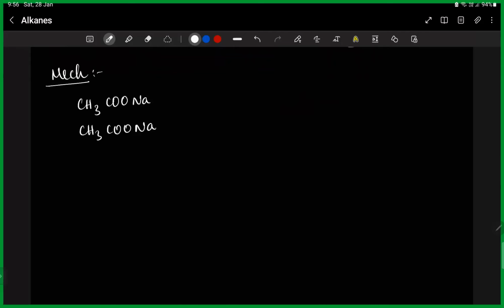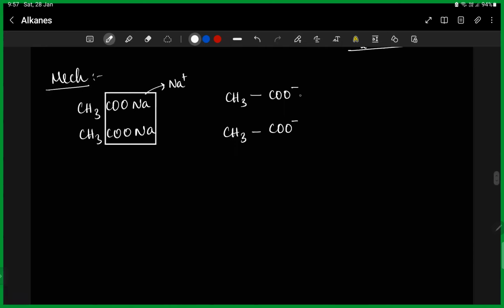Now, this COONa, whatever you can see here, you want it to be eliminated. So how can it be eliminated? We have CH3COONa, and Na plus is released. So what do you get? CH3COO minus. Next, this will give out electrons, two extra electrons.